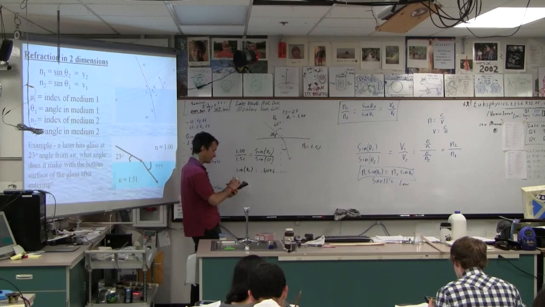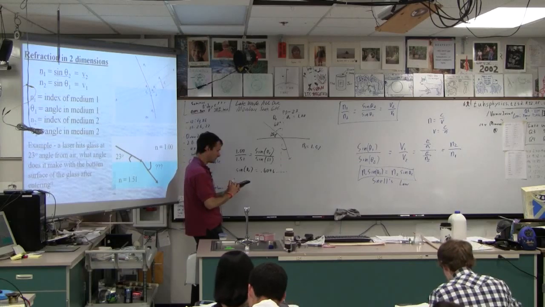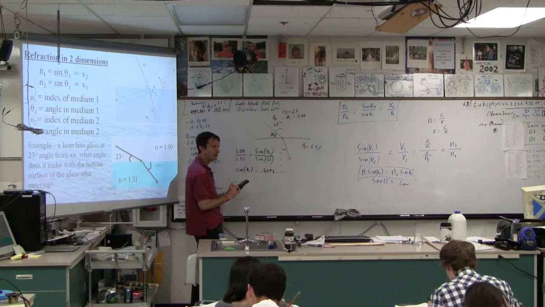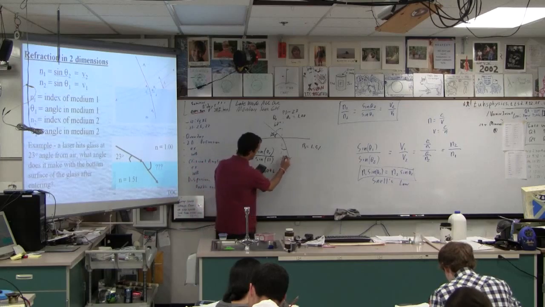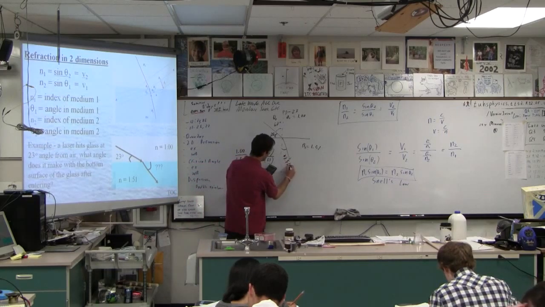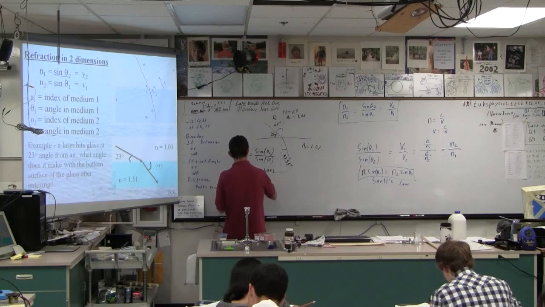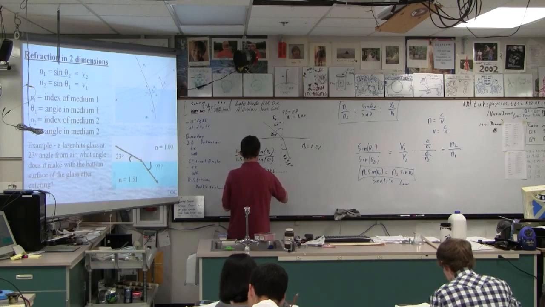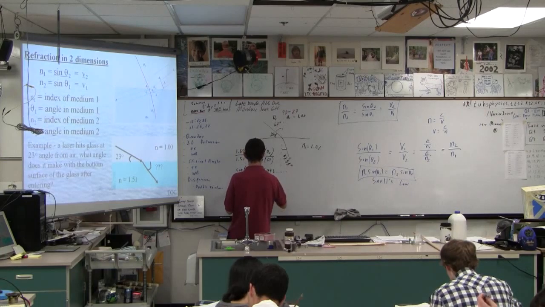Inverse sine of the answer I just got. 37.56, anybody get that? So theta 2 is approximately, with 2 sig figs, about 38 degrees.